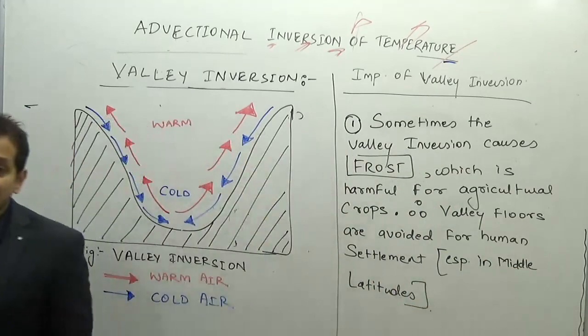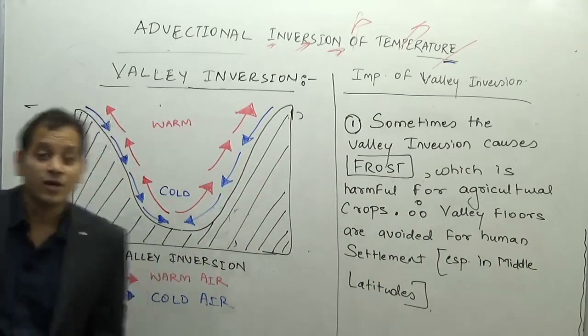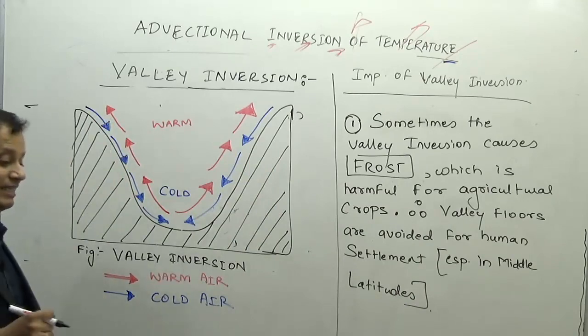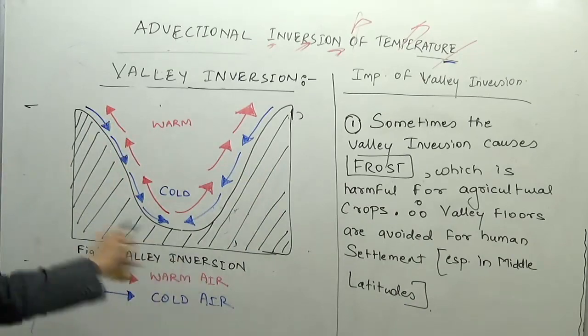Why? Because it becomes extremely cold, and therefore valley floors are avoided for human settlements, especially in the middle latitudes.